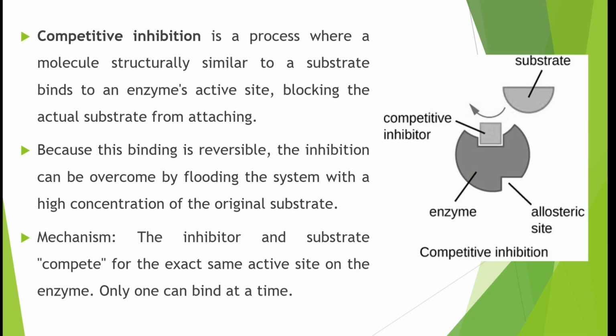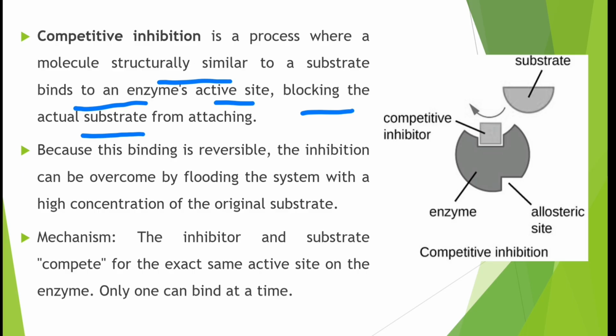There are many types of reversible inhibitors, and the first one is competitive inhibition, a process where a molecule structurally similar to the substrate binds to the enzyme's active site, blocking the actual substrate from attaching.